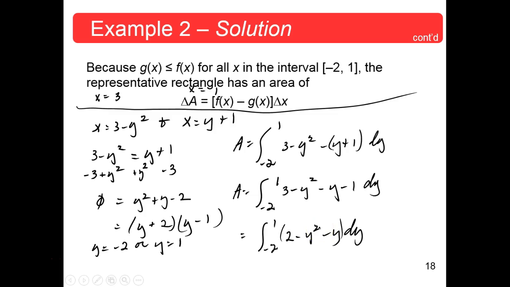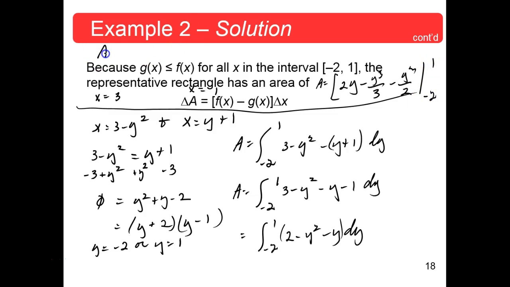All right. Why don't we take the antiderivative of that up here? A is equal to 2y minus y cubed over 3 minus y squared over 2, evaluated from minus 2 to 1.